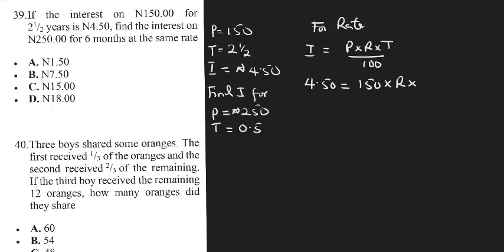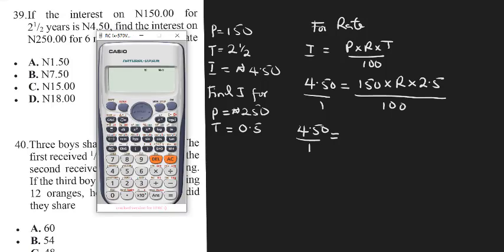So we can write 2.5 over 100. This is the same thing as 4.50 over 1 equals 150. Let's multiply it with the calculator. 150 times 2.5 is equal to 375, times R is 375R.